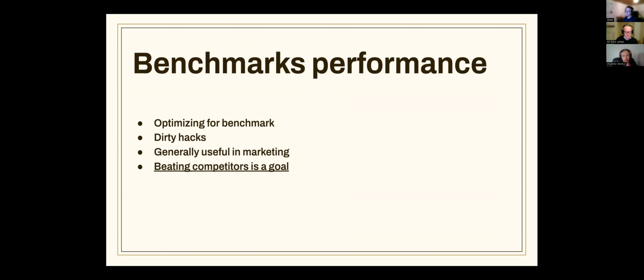The characteristic of that is that you usually optimize for the benchmark, so you don't think much about how well structured or organized your code is, or how easy it will be to support. You just optimize for the benchmark and go with it. So you use some dirty hacks, and it's generally useful in marketing, which means you either promote yourself or your company, your product. And the main goal of this performance is beating competitors.